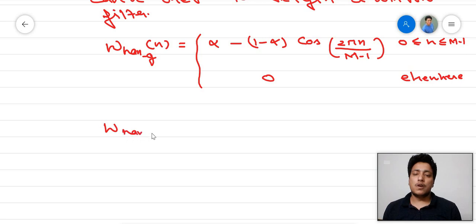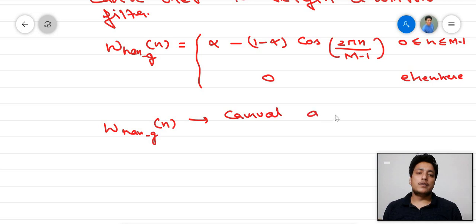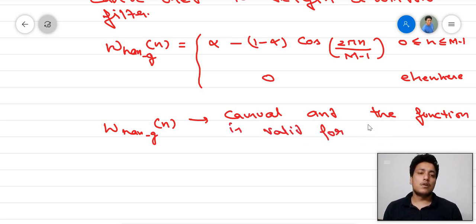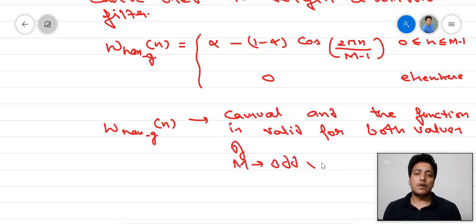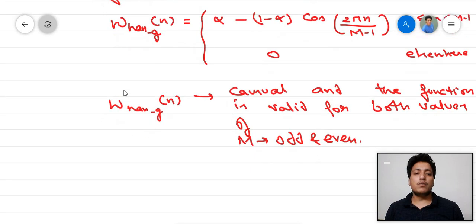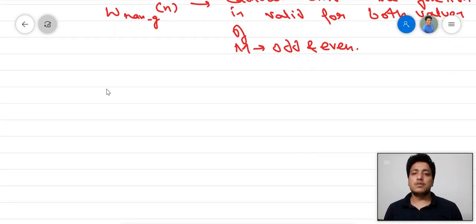W_G[n] is causal as it starts from 0, and the function is valid for both values of M, odd and even.